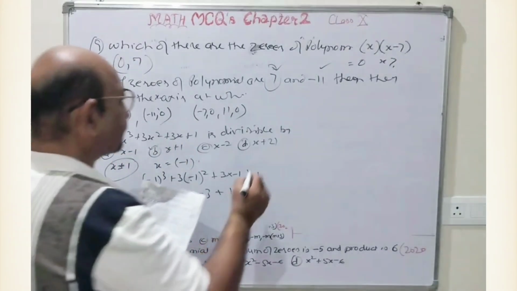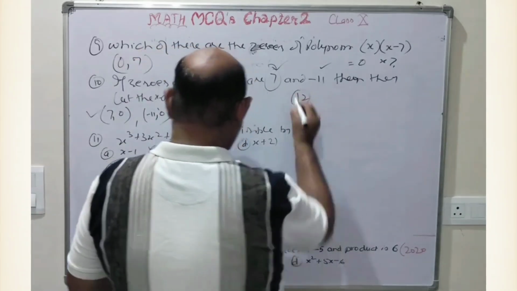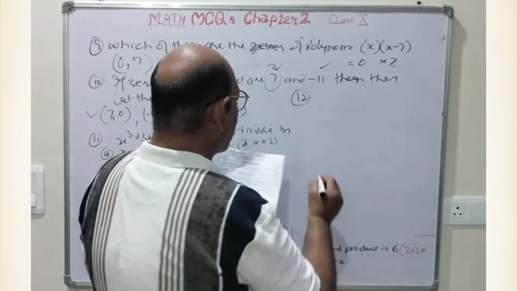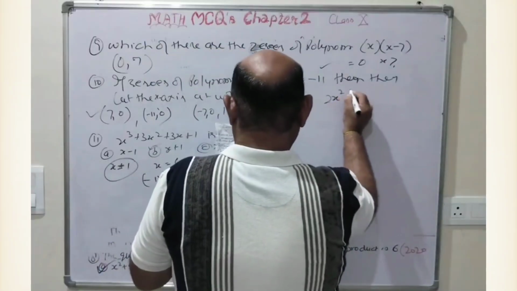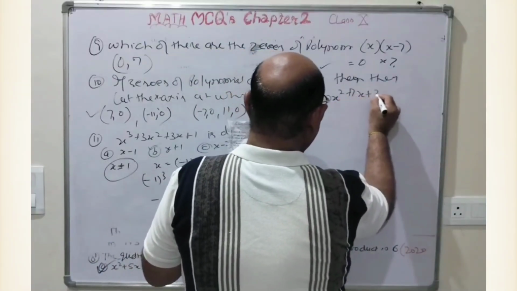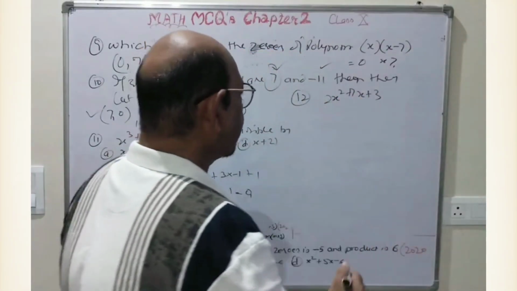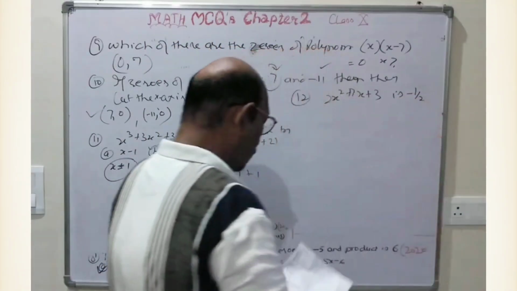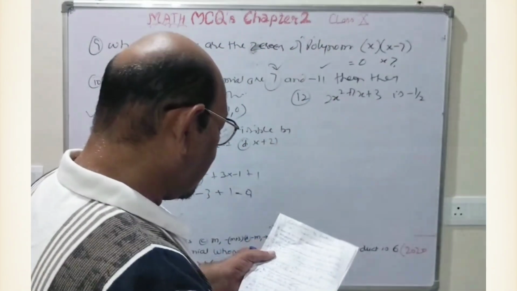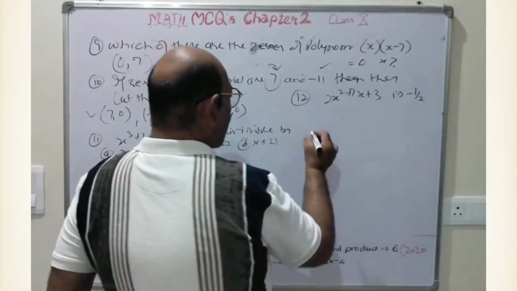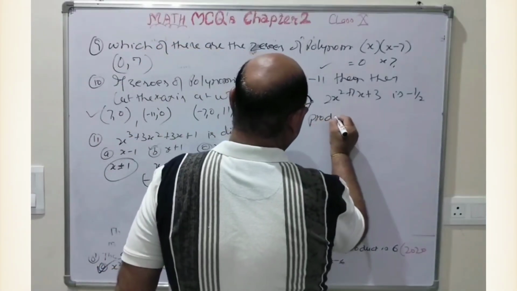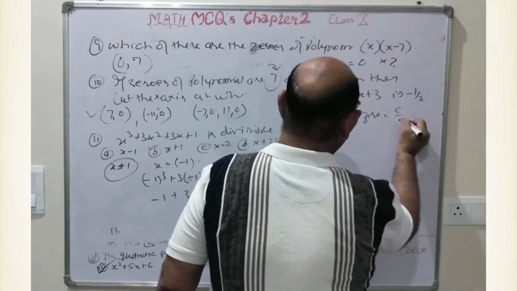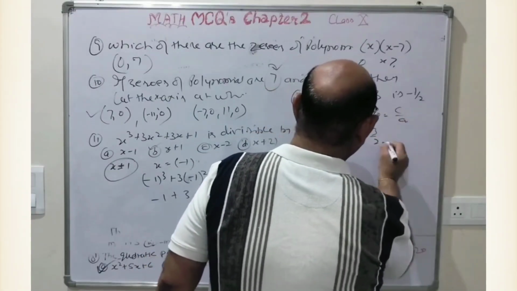Next is, if one of the zeros of polynomial 2x square plus 7x plus 3 is -1/2, then what is the other zero? तो बच्चों प्रोडक्ट ऑफ जीरोस is C upon A, that is 3 upon 2.